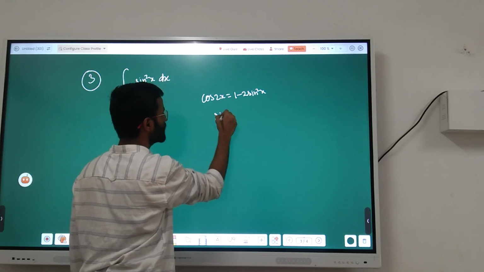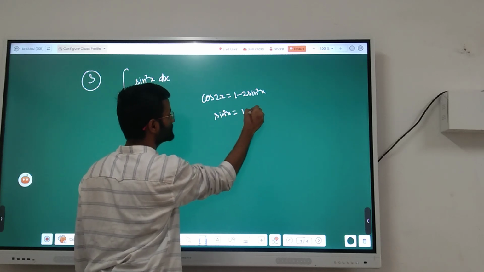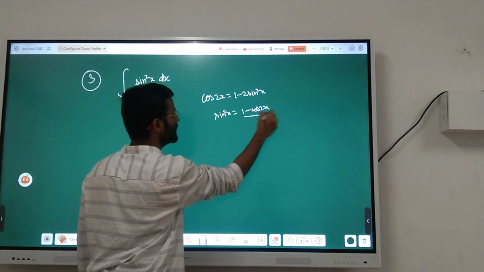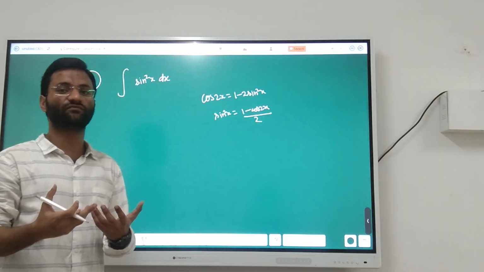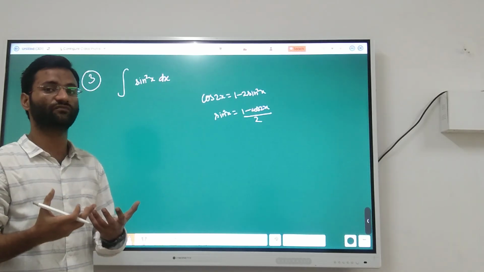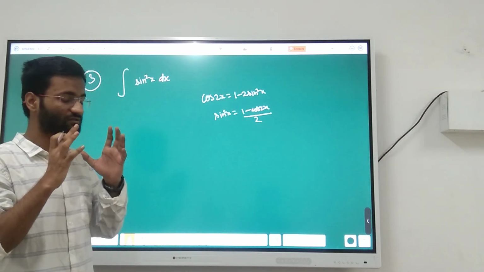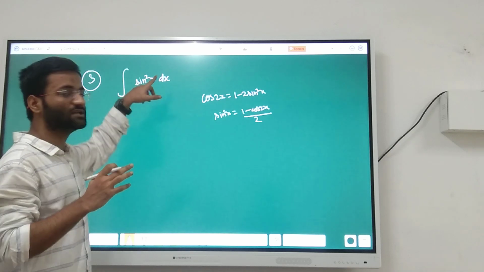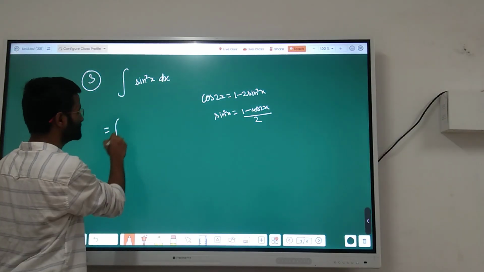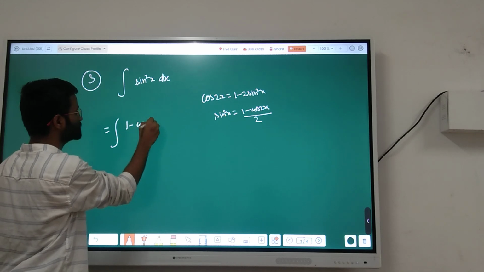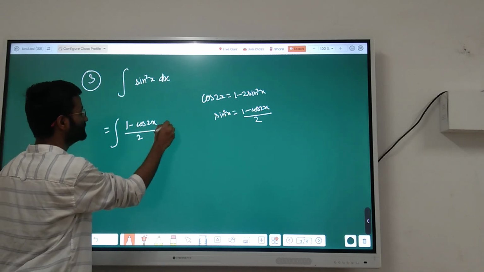So sine square x is equal to (1 minus cos 2x) by 2. Actually in integration we can differentiate all functions, but we cannot integrate all functions. We should always keep this in mind. We can only integrate the standard formulas. So sine square x can be written as (1 minus cos 2x) by 2, with dx.